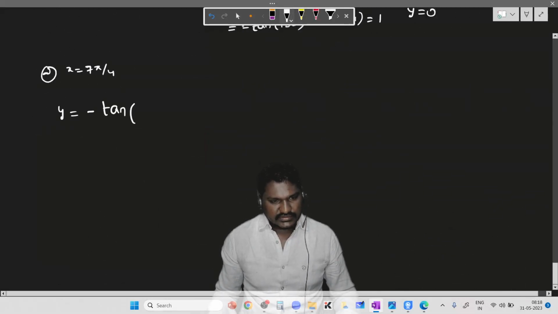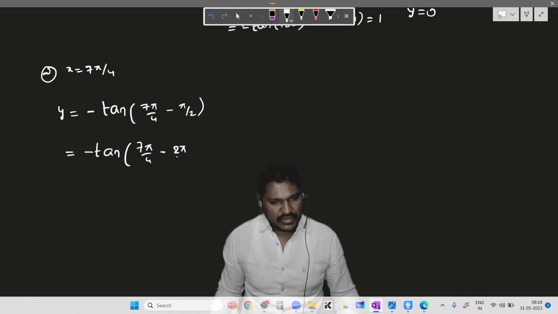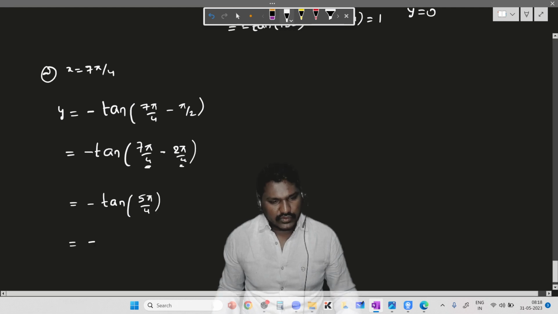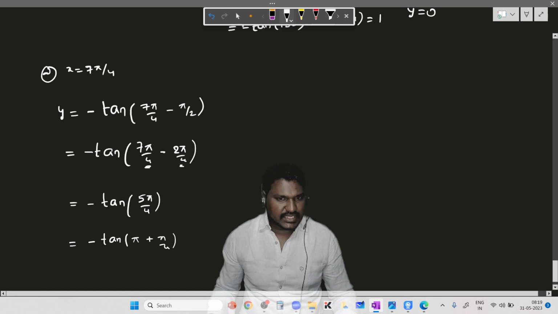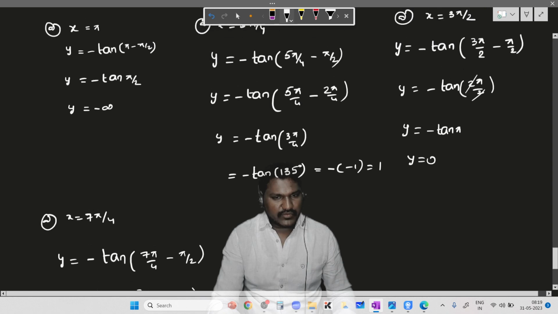It can be written as minus tan of 7 pi by 4 minus 2 pi by 4, to make the denominators equal. So it will become minus tan 5 pi by 4. That is minus tan of pi plus pi by 4, which is nothing but 180 plus theta. So 180 plus means tan is positive, and it will become minus tan 45, so it will become minus 1. So the value of the function at x is equal to 7 pi by 4 is minus 1.